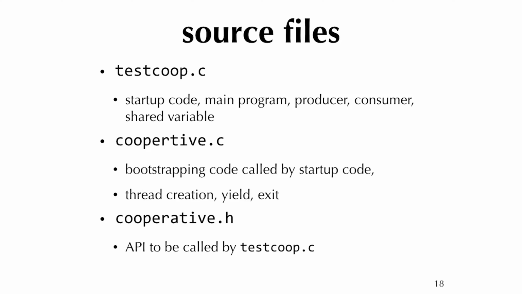If you want to call from your application to the threads, you have to do #include cooperative.h to get the API and type declarations. Cooperative.c is the implementation, and it contains bootstrapping code that's called by the startup code, and it includes the implementation for thread creation, yield, and exit.